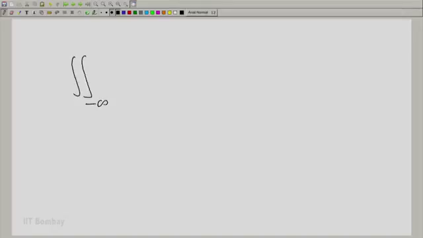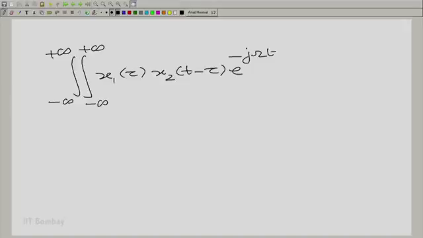Let us do the same thing in this particular integral. So, we go back and we show the double integral together in the following way. And now we make the following transformation of variable. We put alpha equal to tau and beta equal to t minus tau. So, we have this transformation.